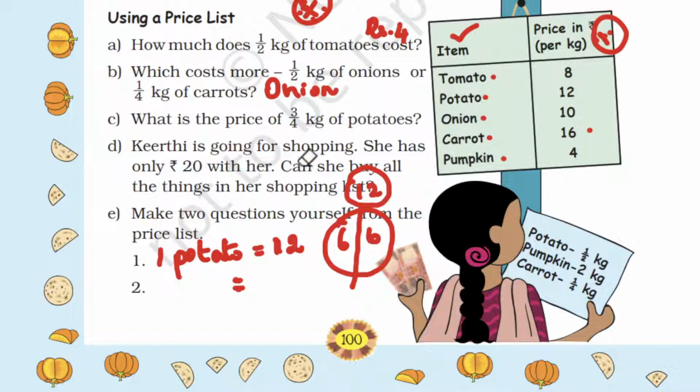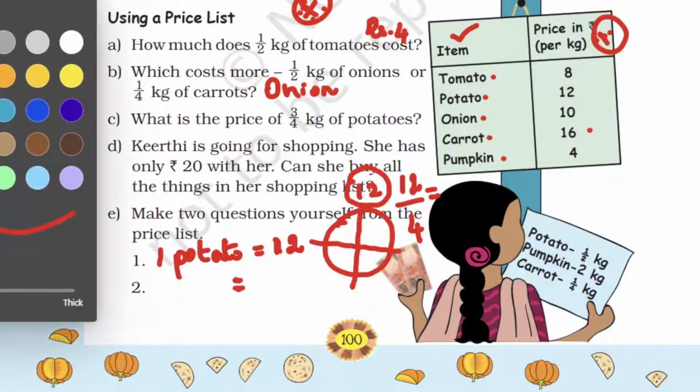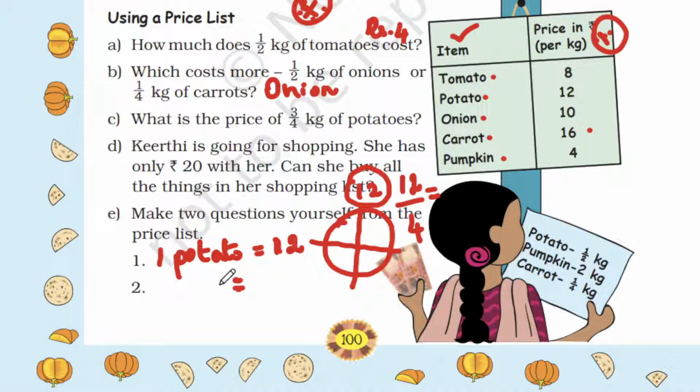So let me erase this out. So let's find out the quarter. Okay, so 12 divided by 4. Let me erase this out. I'll write in a brighter color so you are able to see it.